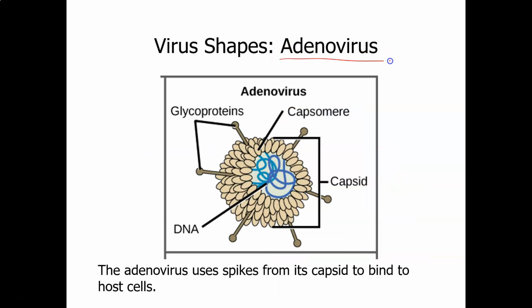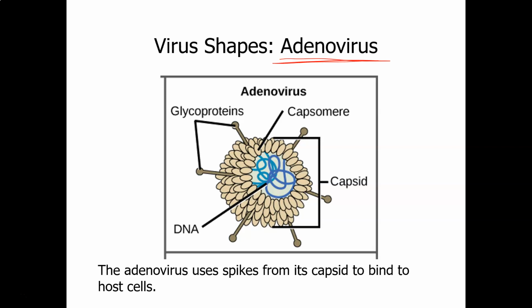Another virus called an adenovirus causes many common respiratory diseases. The common cold can be caused by an adenovirus. It is usually caused by a rhinovirus, but an adenovirus can cause the common cold symptoms.